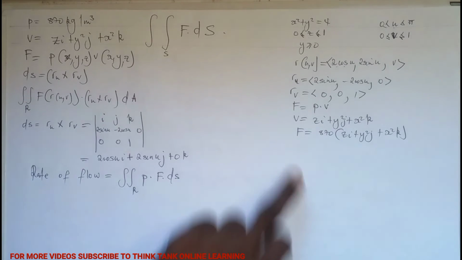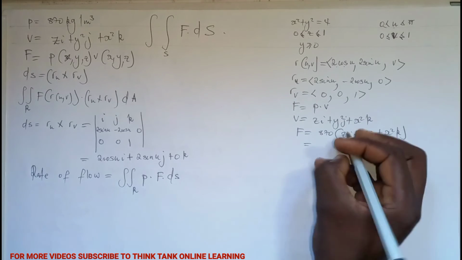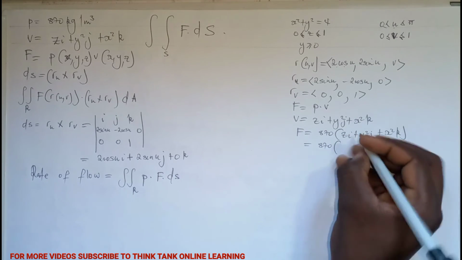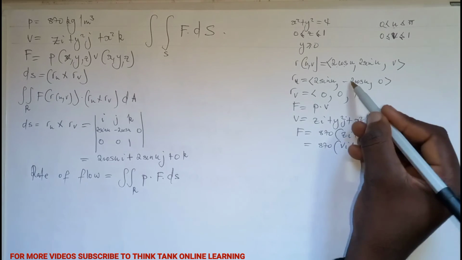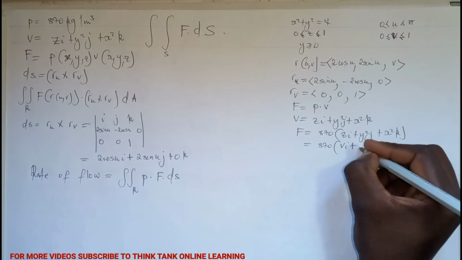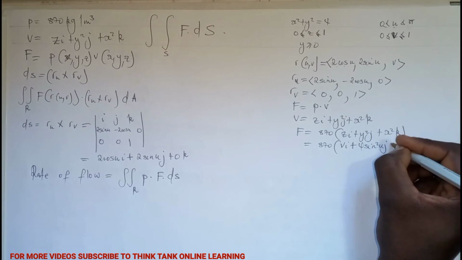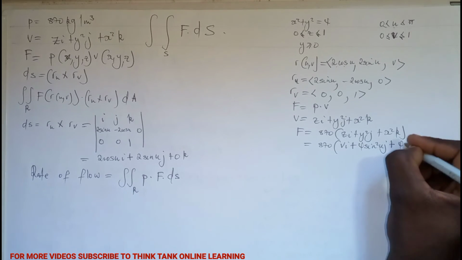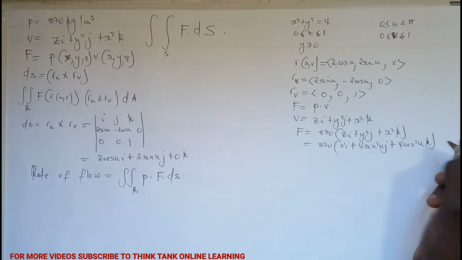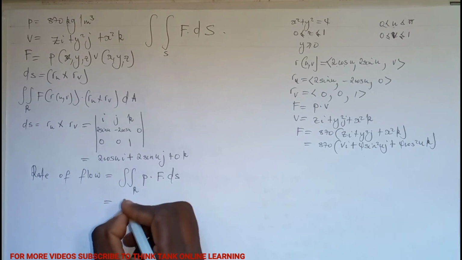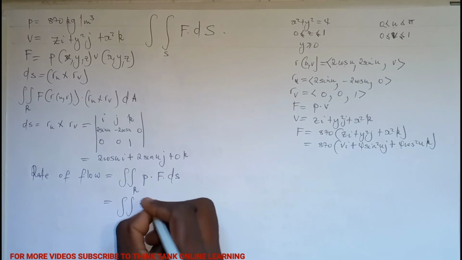And now I want to parameterize F, so it's going to be 870. For z that is going to be v i, for y squared, y is 2 sin u, so it's going to be 4 sin squared u j, and for k that's going to be 4 cos squared u k. So this is equal to the double integral, with density 870.